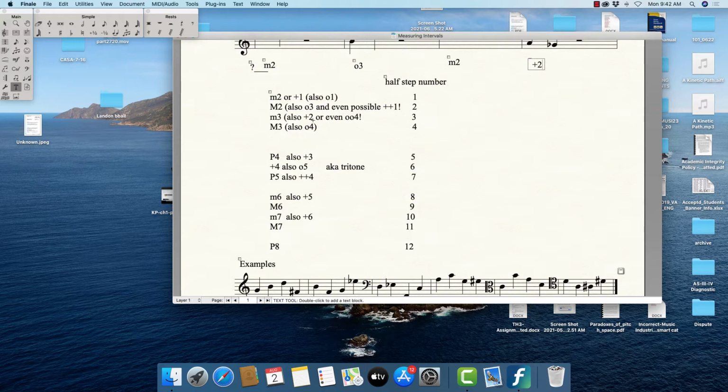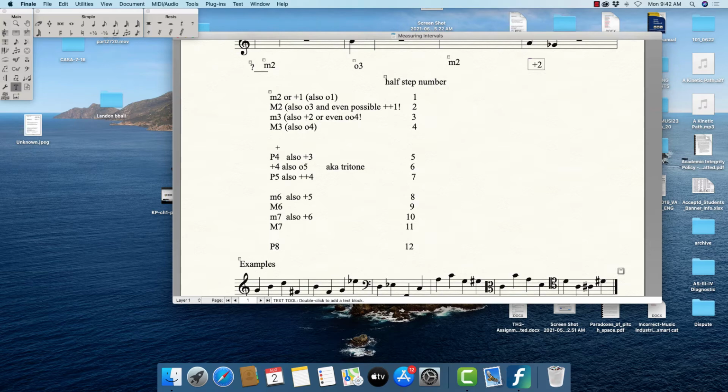A minor third, which is also, as you saw up there, an augmented second, has three half steps. So if it's spelled, for example, C to E flat, that would be three half steps. That's a minor third. If it were spelled C to D sharp, that would still be three half steps, but since it's C to D, we'd have to call it an augmented second.